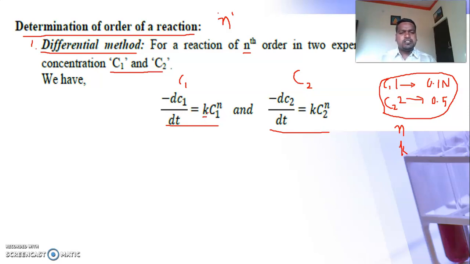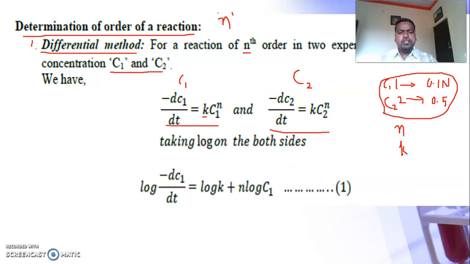So first write the two reactions, then take log on both sides. We have two equations, so take the log of the first equation, and you will get log of minus dC1 divided by dt is equal to log K plus n log C1. Why this? If you apply log to this, it is log of A into B, so this is log K plus log C to the power n.